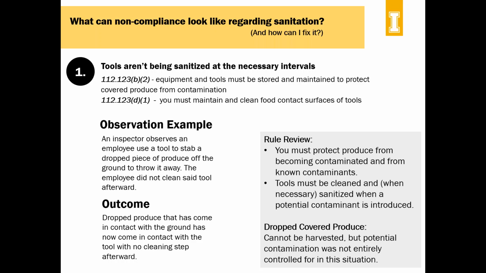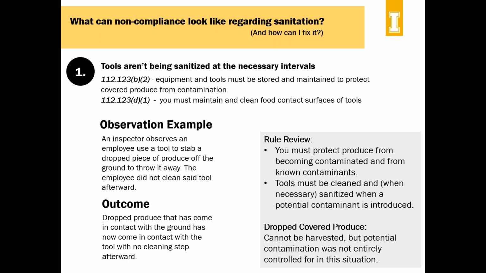So relevant to tools, they need to be cleaned and then when necessary sanitized if and when a potential contaminant is introduced. So for employees especially, that means being able to recognize what that means and knowing when cleaning and sanitation are required. So in this case, the employee did throw the produce away after it was dropped, which is what would be required under the rule, just making sure that it doesn't get into market essentially or get sold, like it needs to be destroyed essentially.